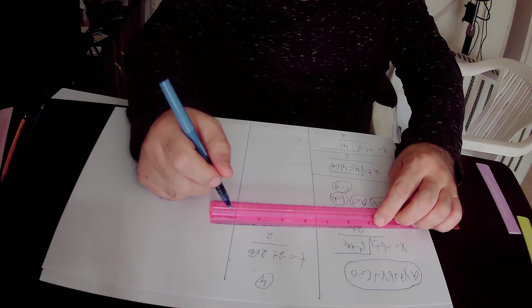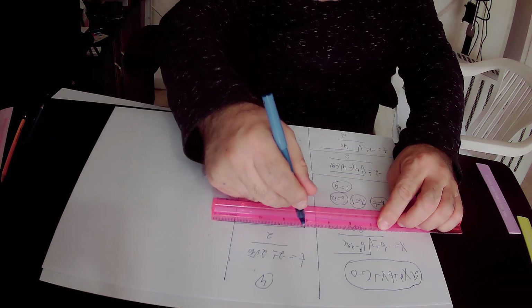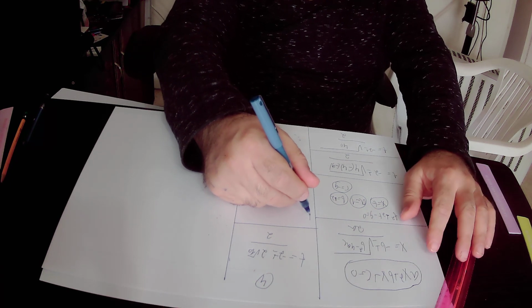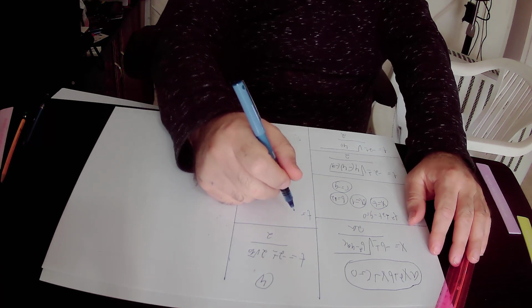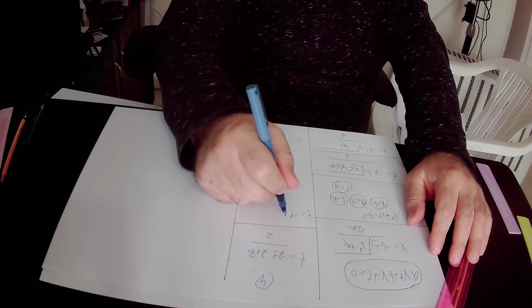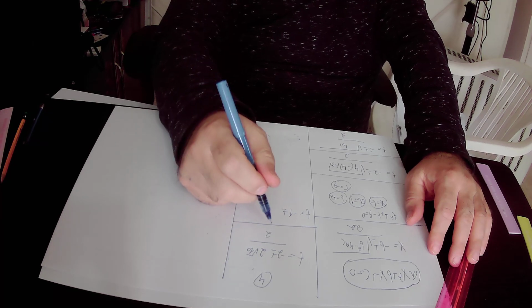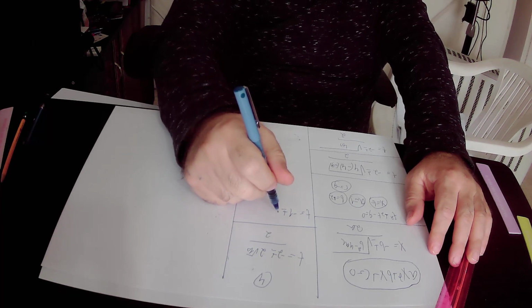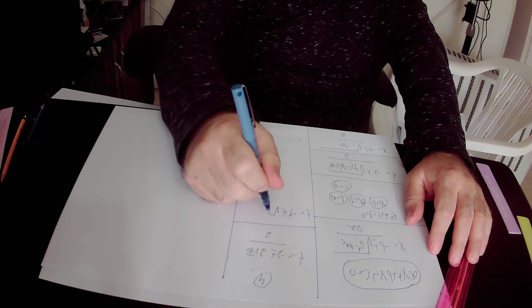So minus 2 over 2 is minus 1. So t equals minus 1 plus minus 2 over 2 is 1. So we are left with only square root of 10.